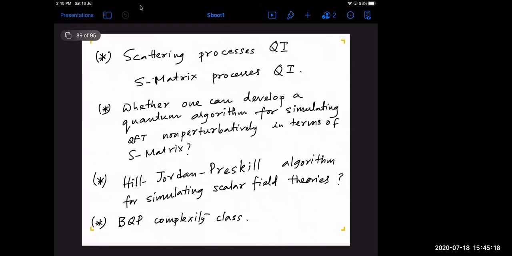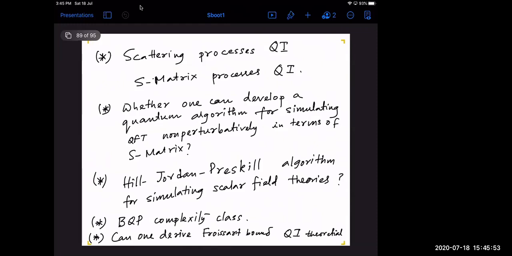And another aspect that is worth investigating along these lines, and why scattering processes QI, is this: can one derive, for example, the Froissart bound QI theoretically?